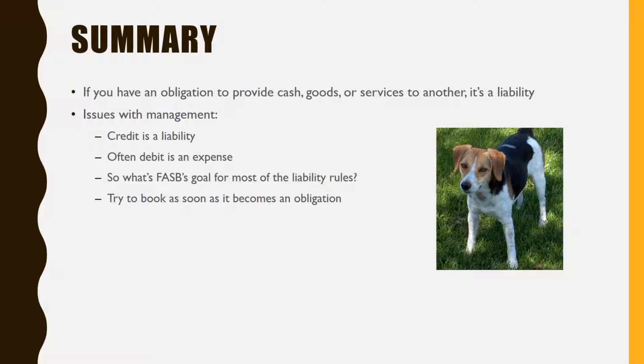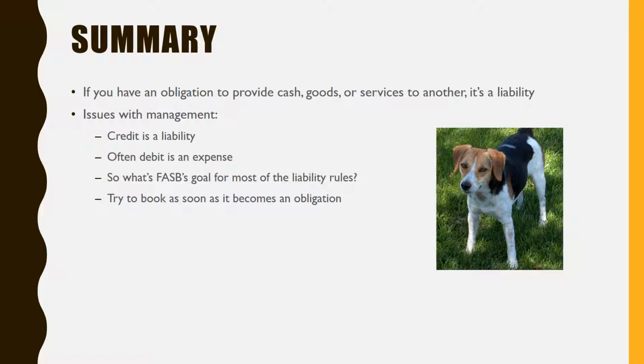The other problem is, other than buying inventory, the debit is usually an expense when you book a liability. Companies don't want to see a lot of expenses. And so most of FASB's rules are trying to force people to book expenses and liabilities when they really happen.